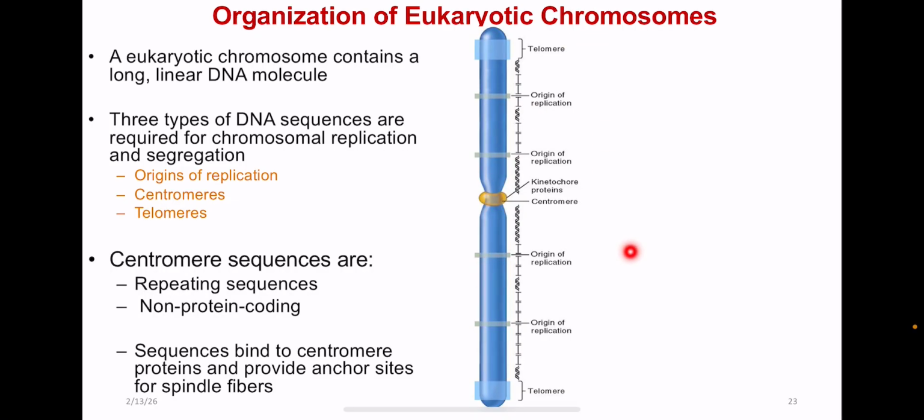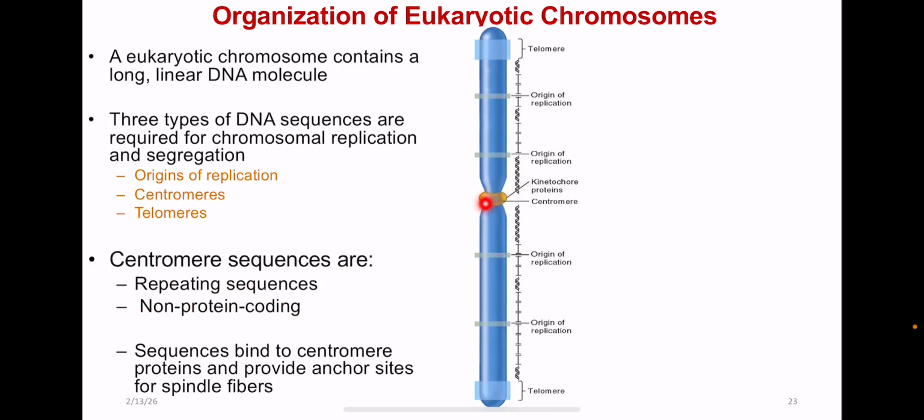The genes of a eukaryotic chromosome are found between the centromere and the telomeres, which are at each end. So essentially the genes are found on the arms of the chromosome, but not at the centromere nor at the telomeres. Centromere sequences are repeating sequences and non-protein coding.